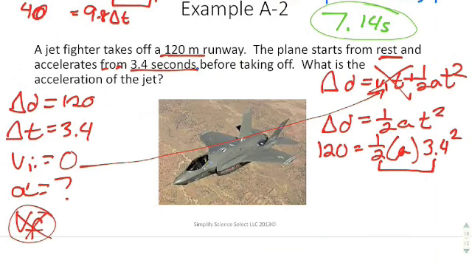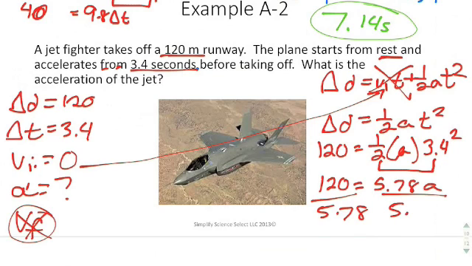You divide it by 2, and you get 120 equals 5.78a. Divide both sides by 5.78, and when you do that, you should get your acceleration to be something along the lines of 20.76 meters per second squared.